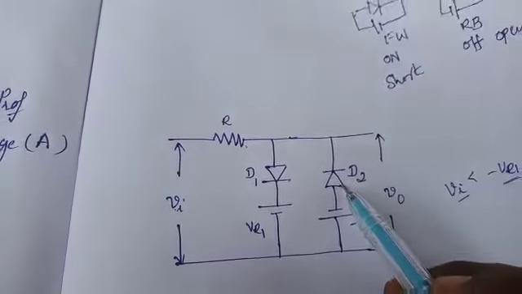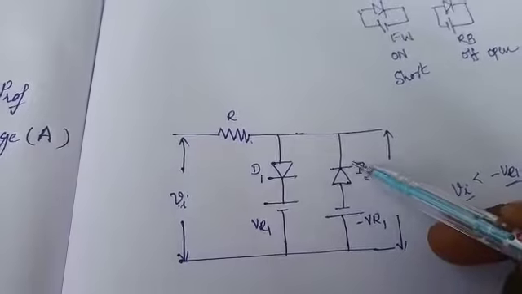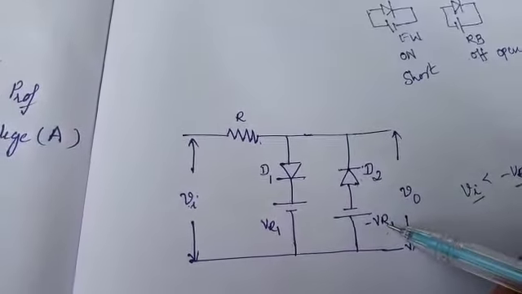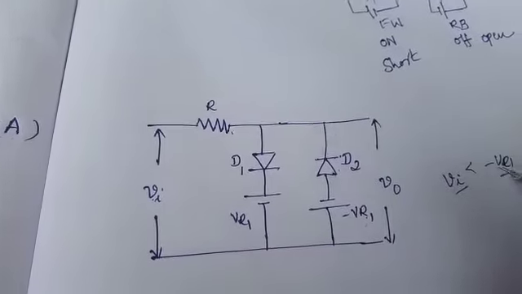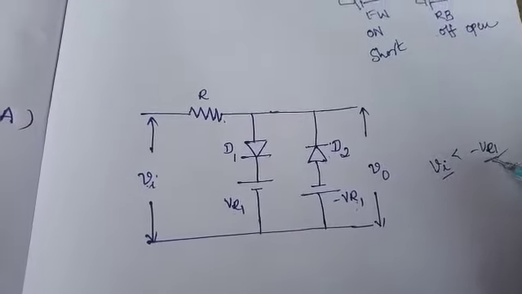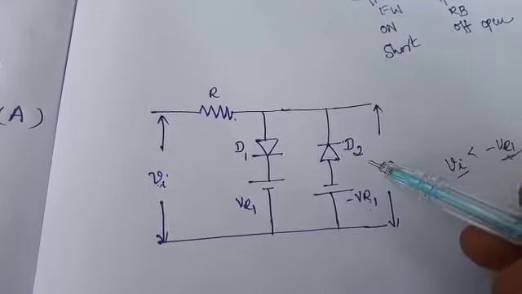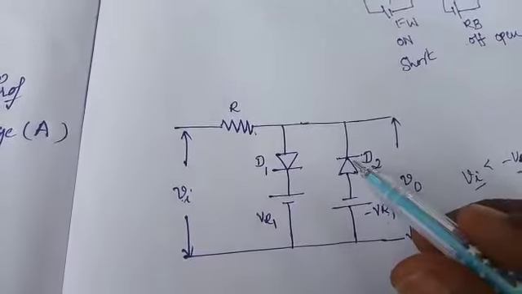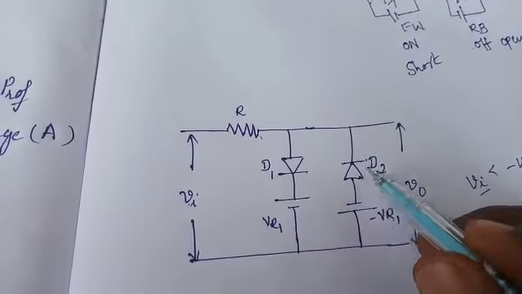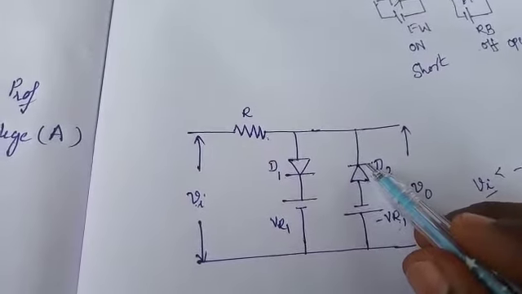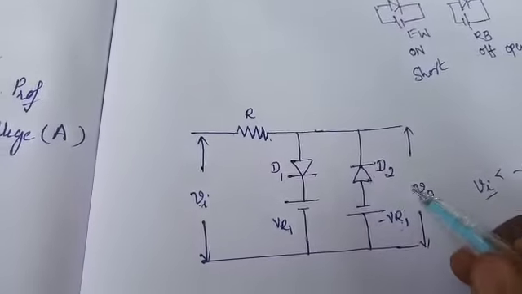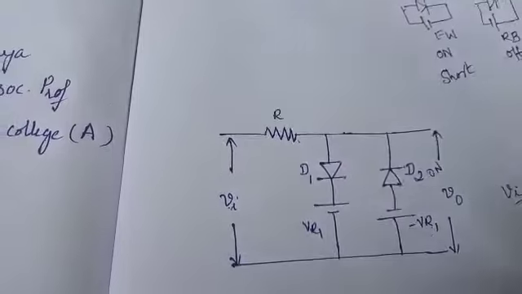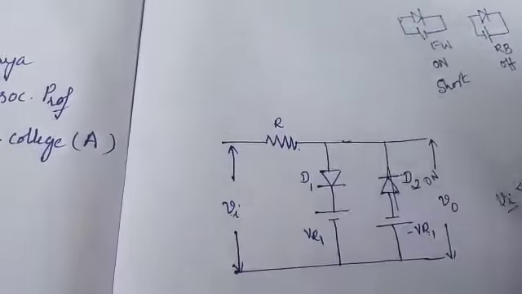For diode D2, the cathode voltage is Vi and the anode voltage is minus VR1. Minus VR1 is more when compared to Vi, so more voltage is at the anode of diode D2 and less voltage is at the cathode of diode D2. Therefore diode D2 is in the on condition, acting as a short-circuited diode.